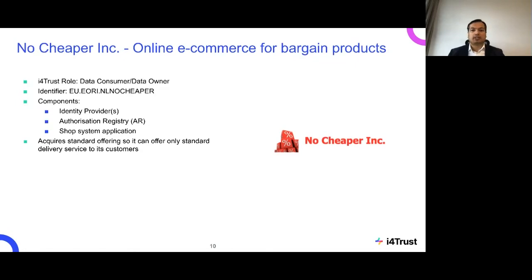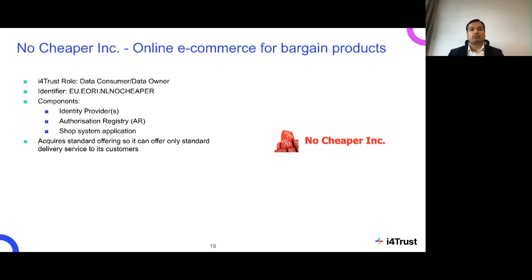The next participant is No Cheaper Inc. It's another e-commerce company which sells bargain products at bargain prices. It also plays the role of data consumer and data owner, depending on which step you are in the use case. And of course, the components are similar to the previous e-commerce participant.